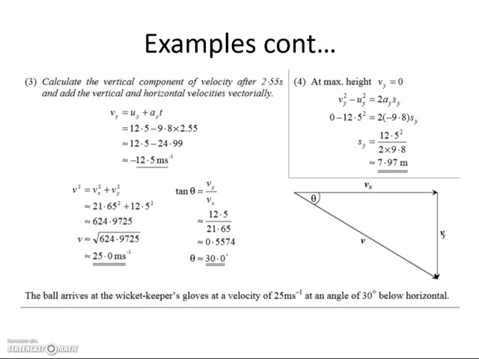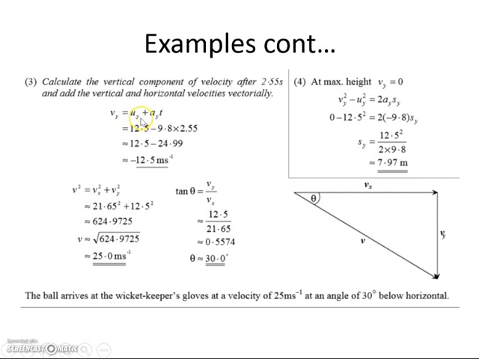When we want to find our final component of velocity, we find it exactly the same way. We draw our little diagram. We find our v of y, because we know our v in the x direction is going to be what it was before, which I think was 21.65.